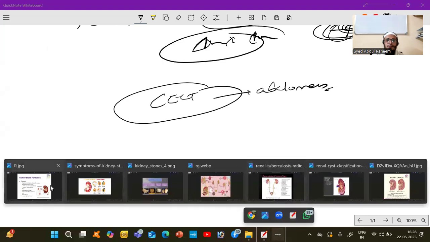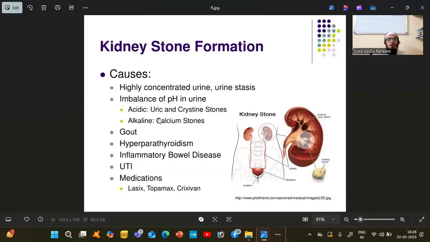You can see that acidic types of stones, like urea and uric acid type crystalline stones, are highly non-absorbable, non-melting, but alkaline calcium stones are highly absorbable.